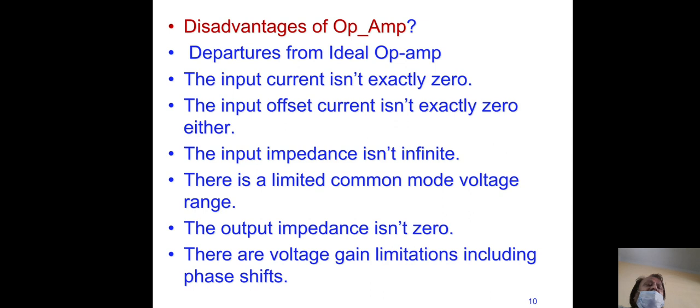What are the disadvantages of operational amplifiers? The input current isn't exactly 0. The input offset current isn't exactly 0. The input impedance isn't infinite, though ideally it is infinite.